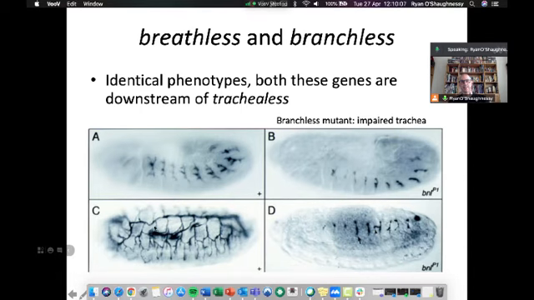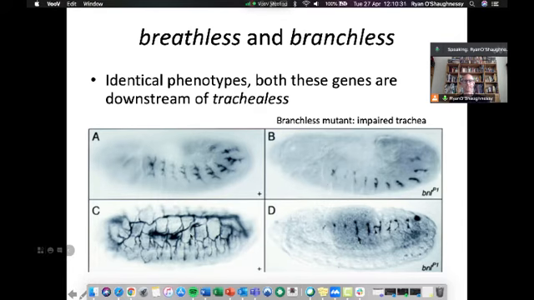Here we have our wild type, the A and C panels, and on the right hand side we have a branchless mutant, and we can see here we no longer get that elimination of the trachea structures in their totality. Instead we get a vastly curtailed tracheal network.